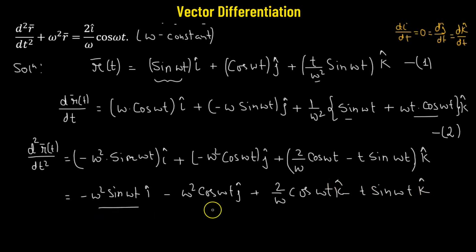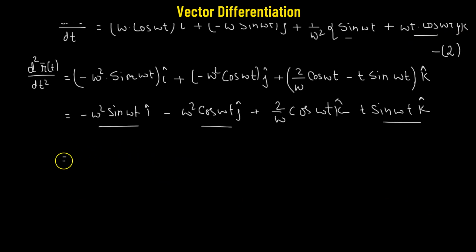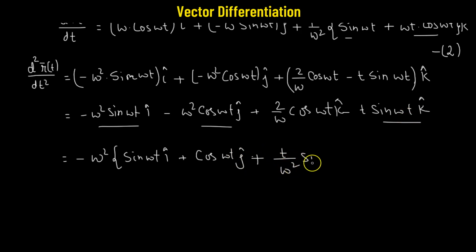We'll consider the first, second, and third terms and take negative omega squared as the common factor. So we have negative omega squared multiplied by sine omega t i cap plus cosine omega t j cap plus t over omega squared times sine omega t k cap, and we leave the other term as it is: 2 over omega cosine omega t k cap.